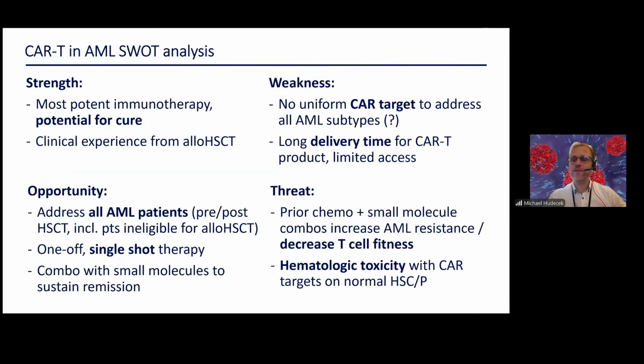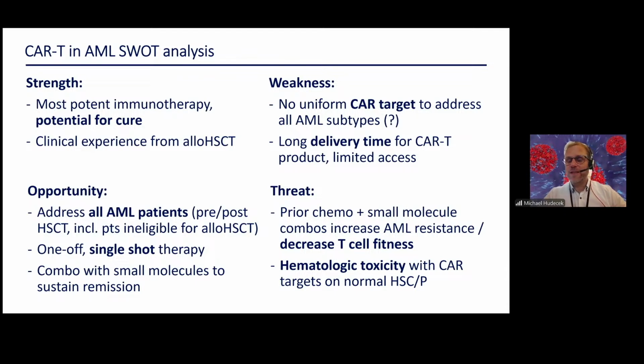As a SWOT analysis for CAR T cells in AML, our preliminary assessment would be that we know from the use of bone marrow transplantation that there is a potential for cure. We know also from the mode of action of CAR T cell therapies that there is the opportunity to deliver a single-shot therapy that can replace the traditional induction and consolidation therapy that is established in this disease.